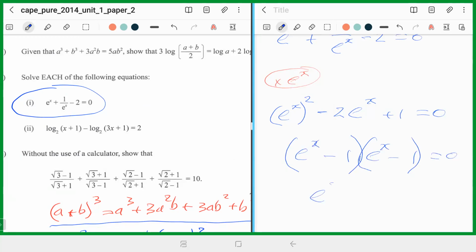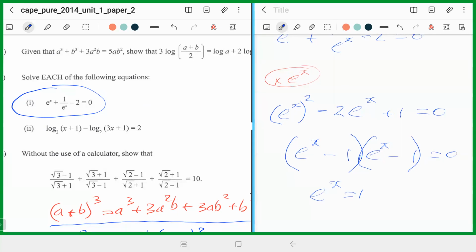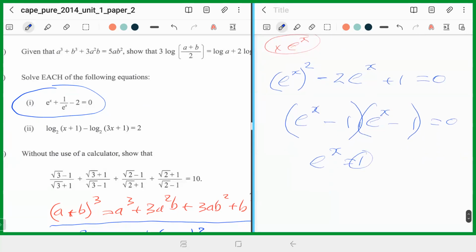So e to the x equals 1. If e to the x equals 1, then x must be 0. Any value raised to the power 0 is 1, isn't it? That's all. 1 is the same as e to the 0. So you say x equals 0.